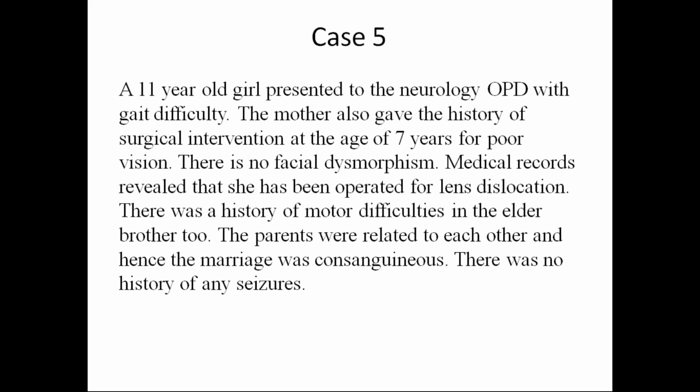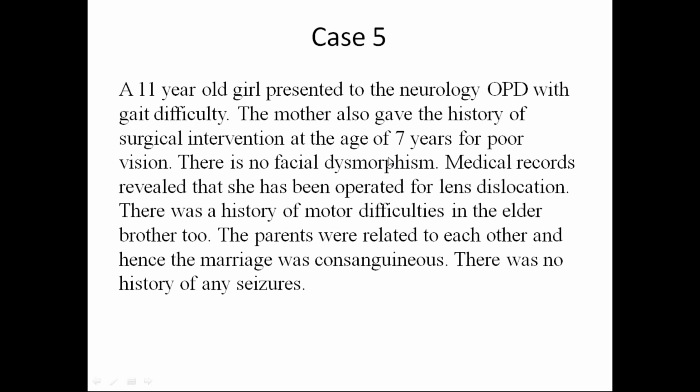The elder brother also has some kind of problem like difficulty in motor function. The parents were related to each other, and hence the marriage was consanguineous. And there is no history of any seizures.